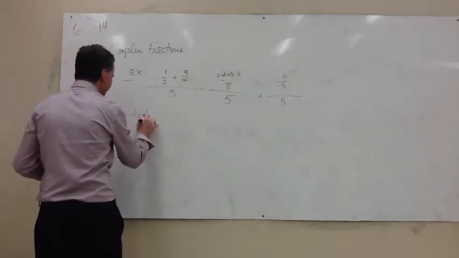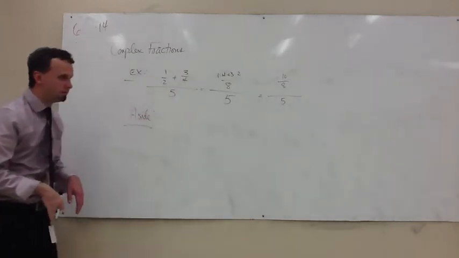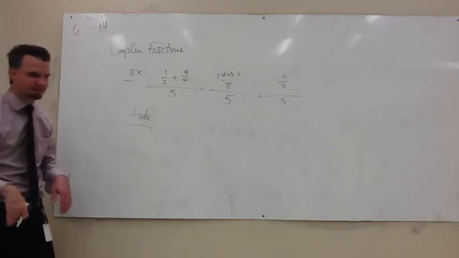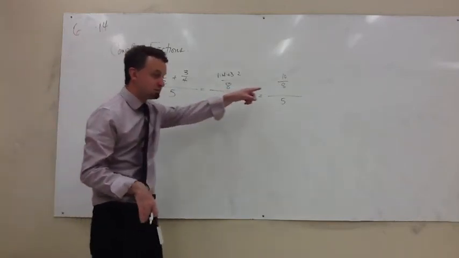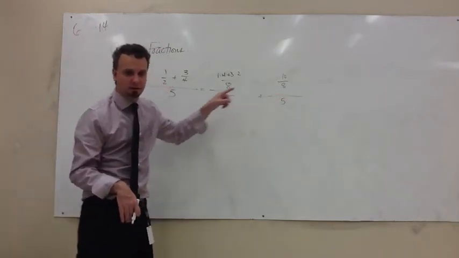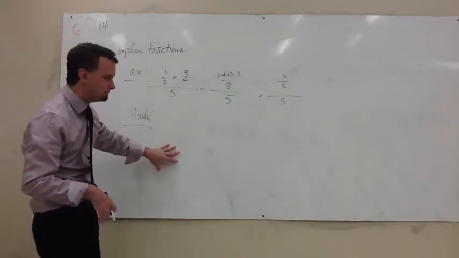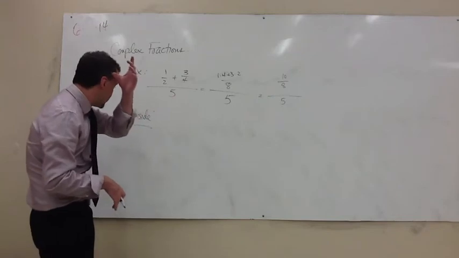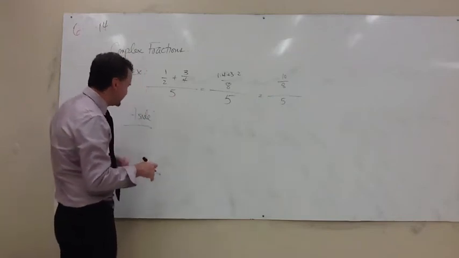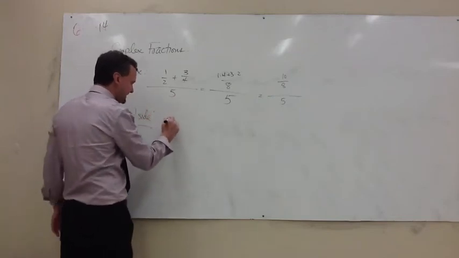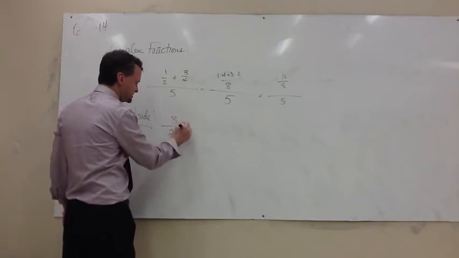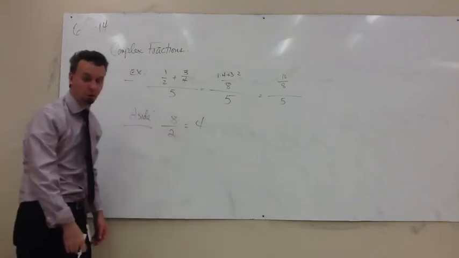Here's an aside, I call it. An aside is something that is relevant to this problem, but it's a different concept or a completely different problem. Alright, but it is relevant here. So, as an aside, if I asked you to take 8 and divide by 2, you would tell me that's 4, I hope.